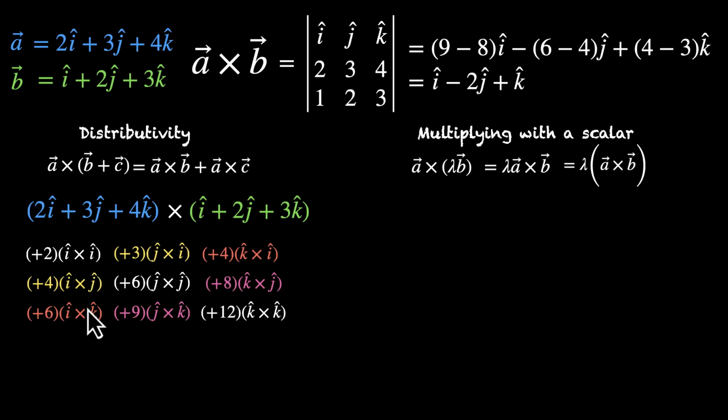Now some of these are 0, some of these are easy to evaluate. Pause the video, take this forward. Okay, so the first one, i cap cross i cap, that's 0. This is also 0, and this is also 0. These are collinear vectors.